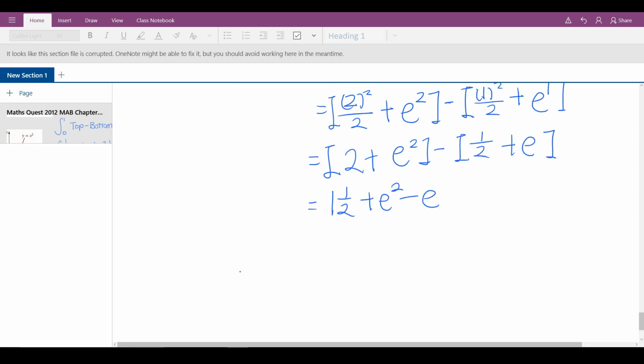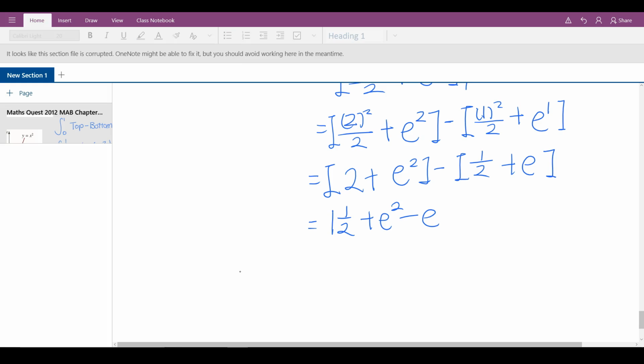I'm not going to write it out. That would be your answer for the area of the shaded region. Remember, e is a number, 2.718 and so on. I'm just not writing it out because I don't want to write decimals.